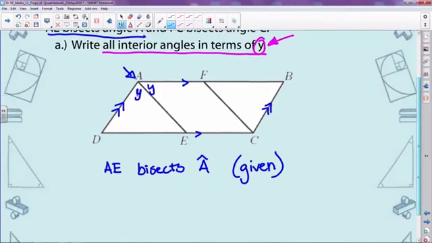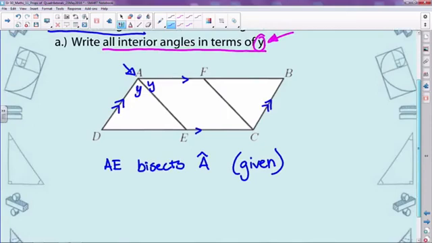I'm writing my reasons in brackets. Now, the next thing we need to say is therefore, angle DAE is the same size as angle EAF, which is y. So there we go. That's the first one written down.